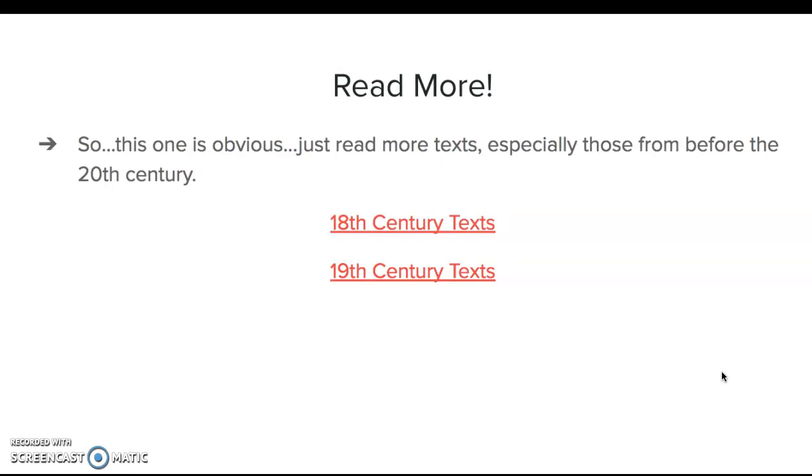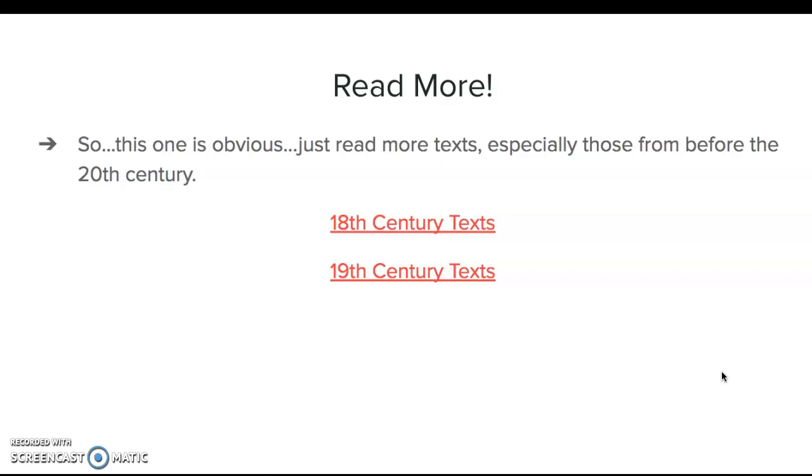And then obviously this last one, read more. I have told students this many, many times. The best way to do any academic skill better is to read more. It's research-based. This one's really obvious. If you want more texts, I have links here, and I'll share this slideshow with you so you can click these links. The first one is actually a link to the text.